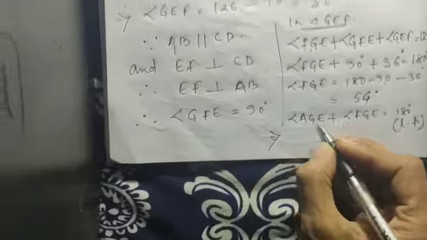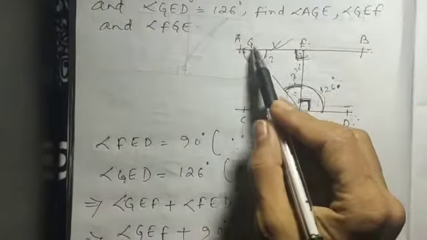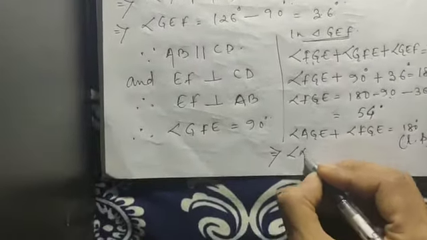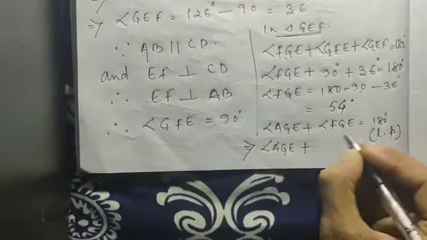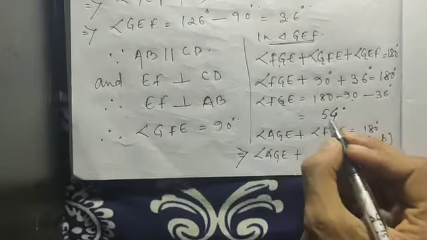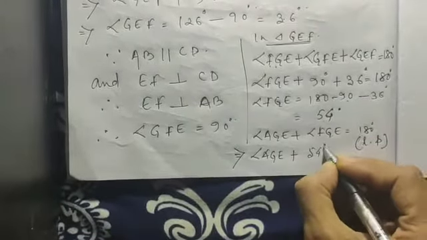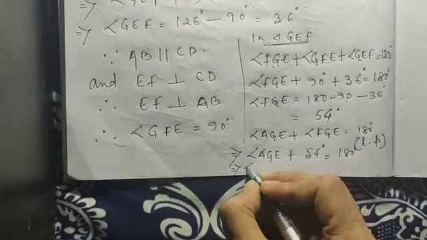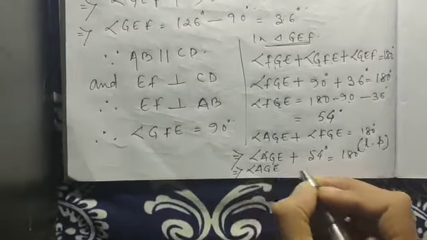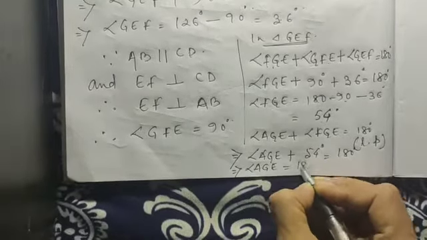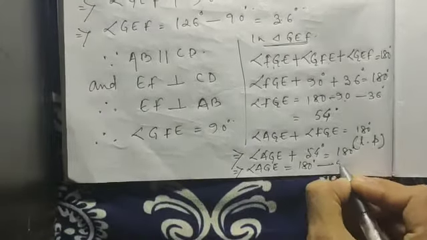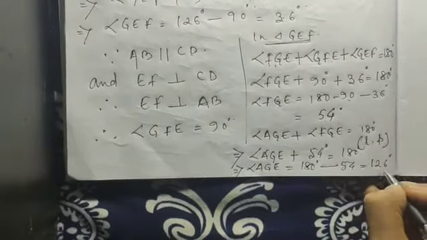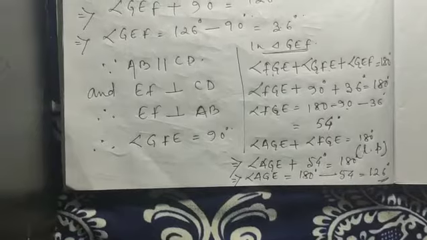AGE we have to find out. How much did we get for FGE here? 54 degrees. So angle AGE is equal to 180 degrees minus 54, which will be 126 degrees. I hope it is clear.